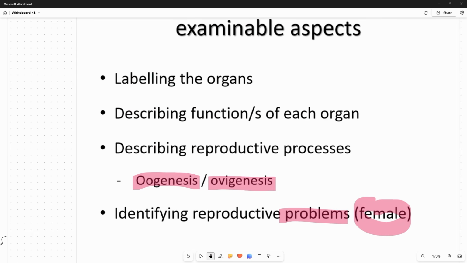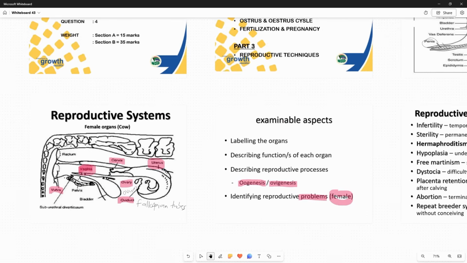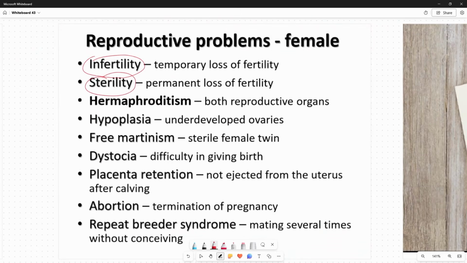So let's quickly look at those reproductive problems now in the female animal specifically. So others are common, just like in the male animal: the infertility, sterility, hermaphroditism, as well as hypoplasia, as we described them. So even the female animal can temporarily lose its fertility. It's infertile.